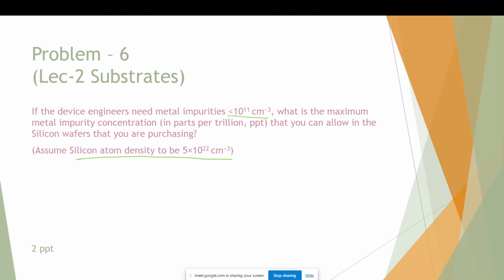If I need metal impurities less than 10^11 per centimeter cube, that means I have to have 10^11 particles amongst 5 times 10^22 particles per centimeter cube. So that means how many will we get? 10^11 over 5 times 10^22, so that is 2 times 10^-12, and 10^-12 is one in a trillion, right?